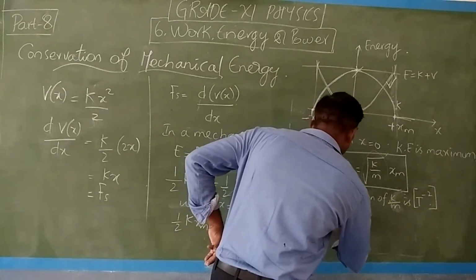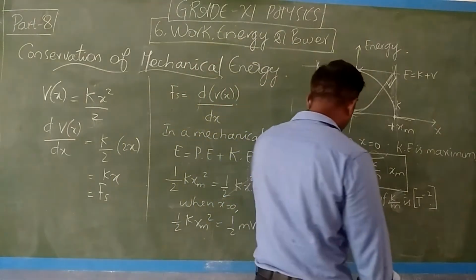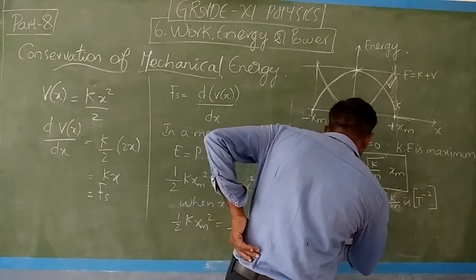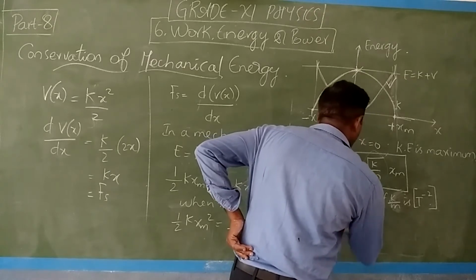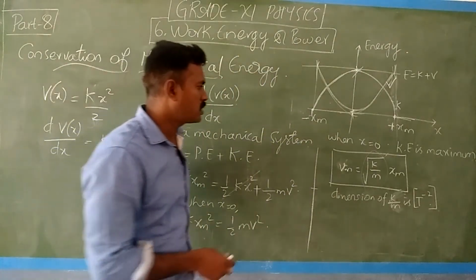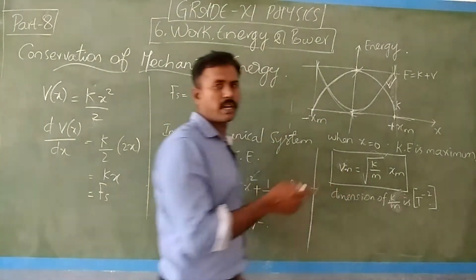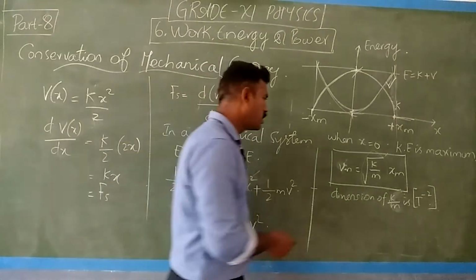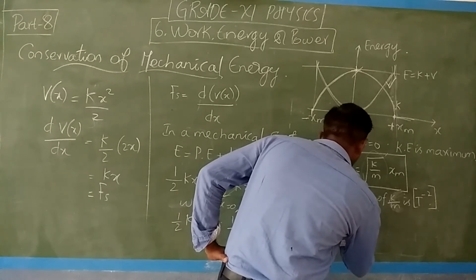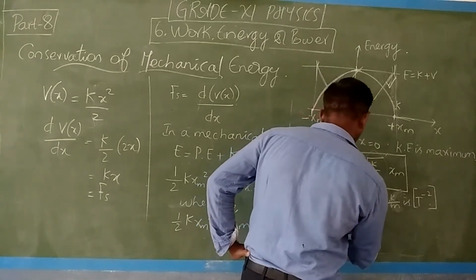So what is acceleration? Here, force equal to... What is velocity? Velocity is displacement by time. So displacement is x m by t, time.